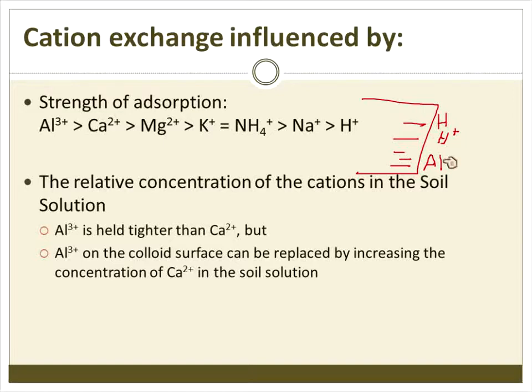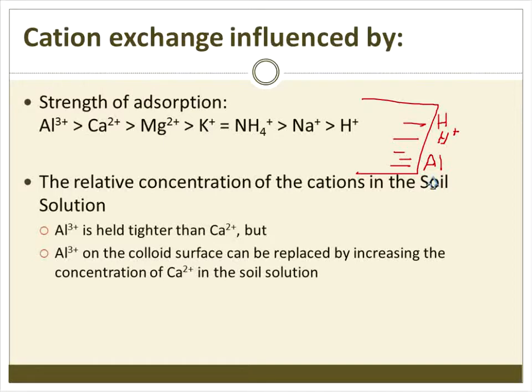And that aluminum, remember, aluminum, 3+, right? So that aluminum is associated with that charge, and that charge. So is there any way to get rid of this aluminum? And the answer is yes.